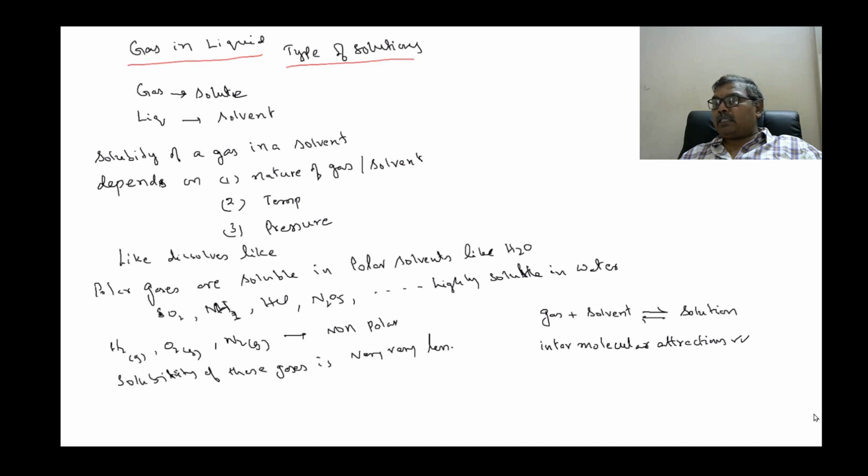If intermolecular attractions are strong, then more gas will dissolve in the solvent and form solution. So here also intermolecular forces of attraction are responsible for formation of solution. Due to intermolecular forces of attraction, energy of the system decreases. The decrease in internal energy of the system is liberated in the form of heat. Therefore, the process is exothermic.